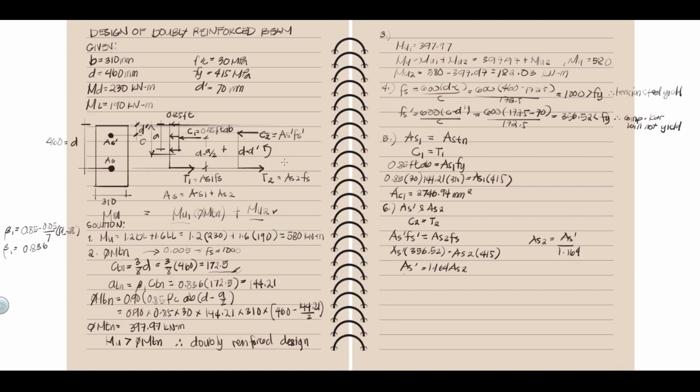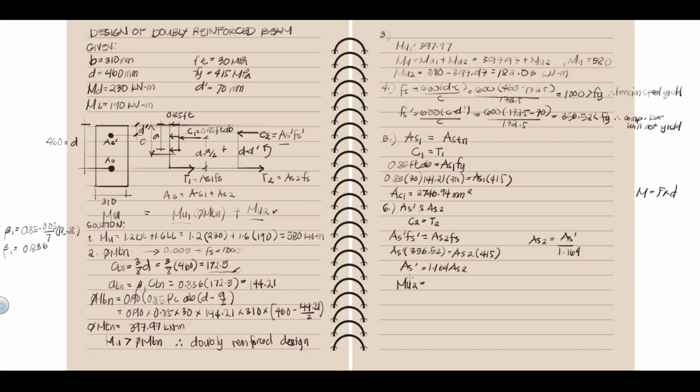So, what is the formula of couple moment? M is equal to force times the distance. So ang force na gagamitin natin because ang kukunin natin is AS prime, so that is C2 po ang gagamitin nating force. So MU2 is equal to force times distance.